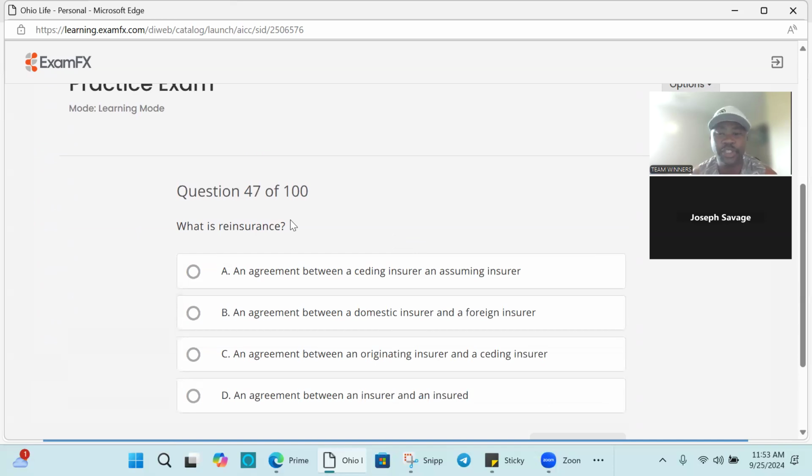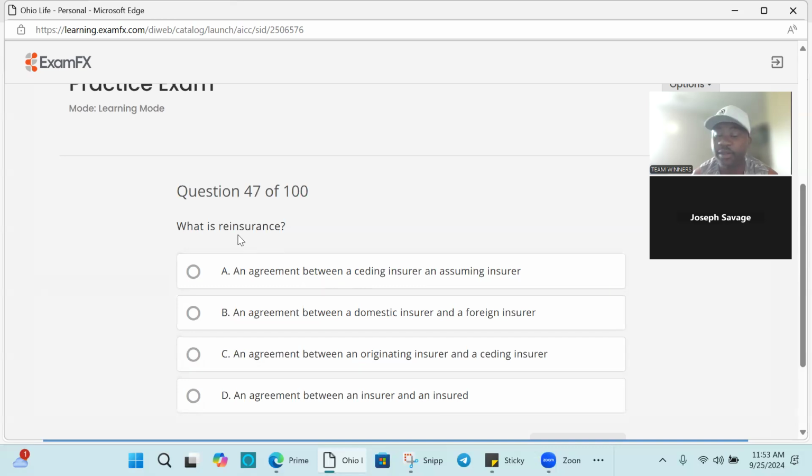What is reinsurance? An agreement between the sending insurer and assuming insurer, an agreement between a domestic insurer and a foreign insurer, an agreement between an originating insurer and a ceding insurer, an agreement between an insurer and an insured. Reinsurance will be an agreement between a ceding insurer and assuming insurer.